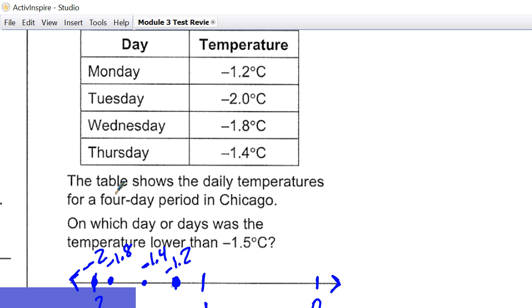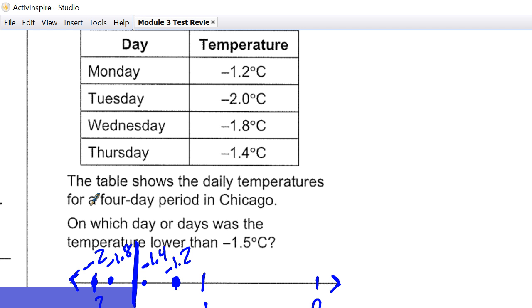And I've got them on the number line, but I need to reread that last question. It says, on which day or days was the temperature lower than -1.5? So in a way, I kind of need to go plot -1.5. -1.5 is right in the middle of -1 and -2. I'm going to draw a line there at -1.5 because I notice I've got 2 answers on the right and 2 answers on the left. And I just need to think about what lower means. Lower is less, and less on a number line is to the left.